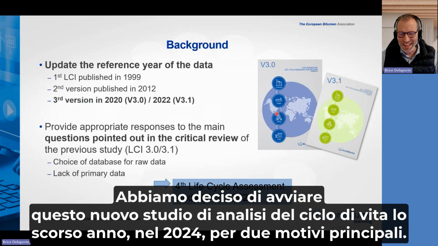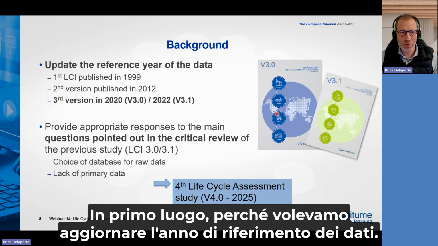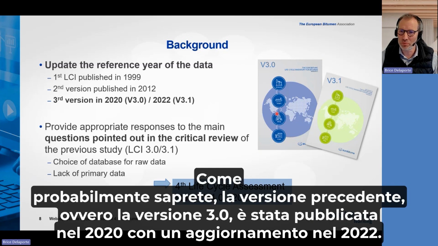Well, we decided to start this new life cycle assessment study last year, in 2024, for 2 main reasons. First, because we wanted to update the reference year of the data. As you probably know, the previous version, version 3.0, was published in 2020 with an update in 2022.